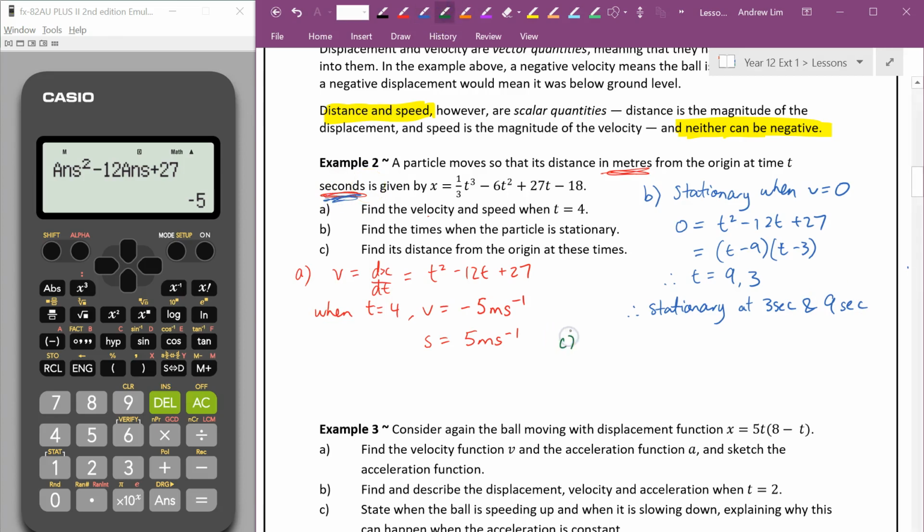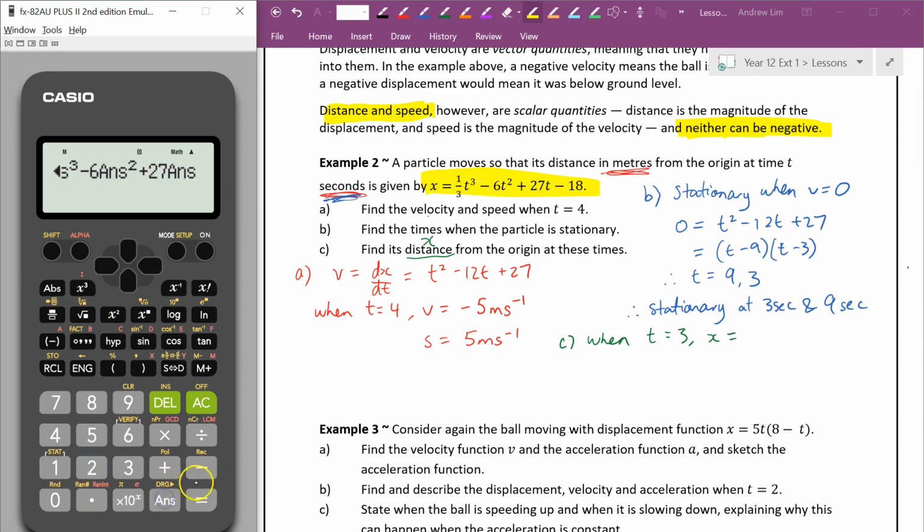And question C. Find the distance from the origin at these times. Distance is x, so we want displacement. When t is equal to 3, what is x equal to? We know that x is this, so I'm just going to sub it in. So 3. We've got 1/3 of answer cubed minus 6 answer squared plus 27 answer minus 18.